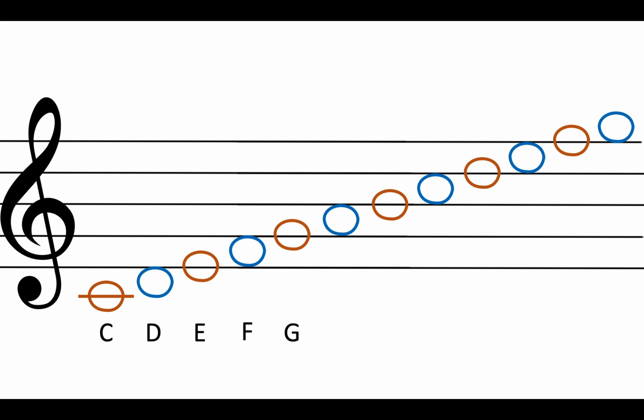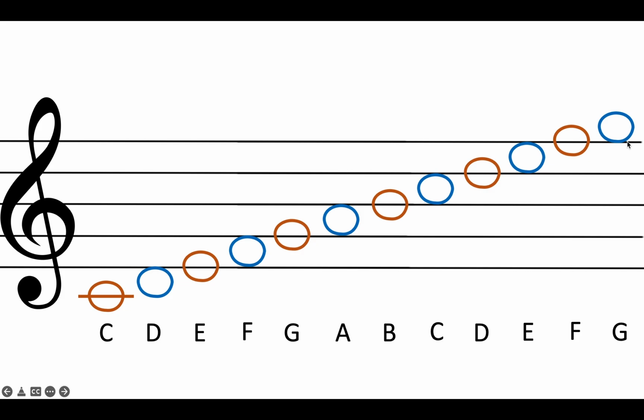No, there isn't an H. Because in music, we only use the letters from A to G. Once we have reached G, we go back to A. But now the notes are at a higher pitch. Okay, and then after A would be B, C, D, E, F, and G.